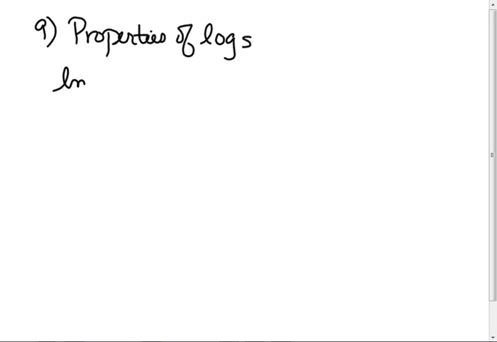Write this as a single log. First, let's review properties of logs. Honestly, there's 3 things you need to know, because you don't have to evaluate. You can leave it the natural log of e squared or whatever it is. And the log of x to the r can be rewritten as r times the log of x. Remember that one? By the way, you go forward and backwards.